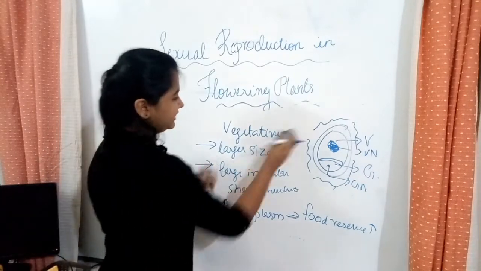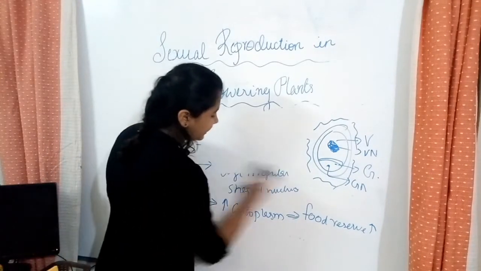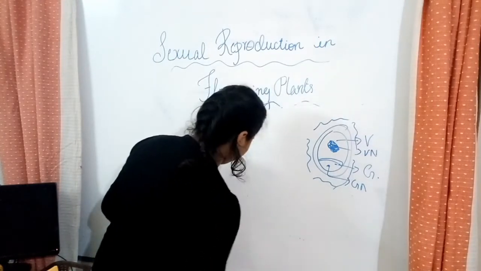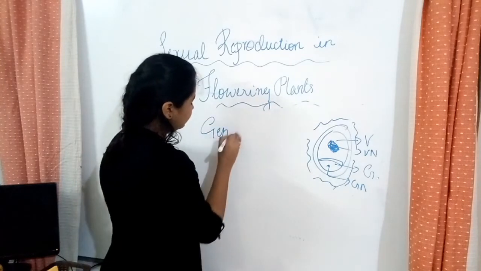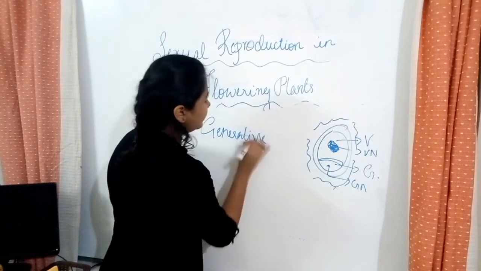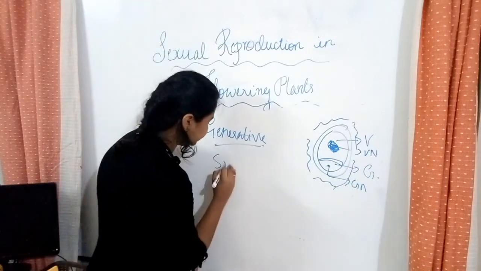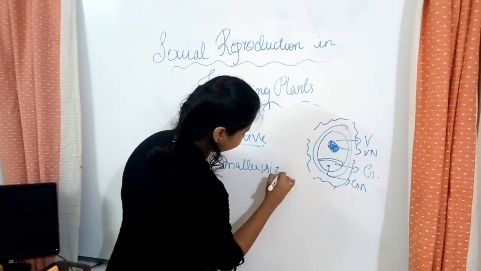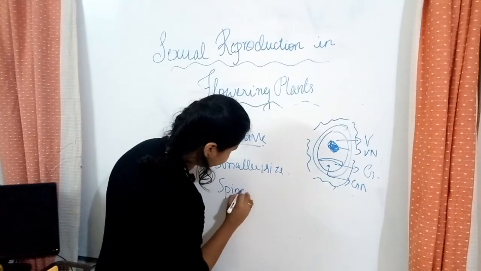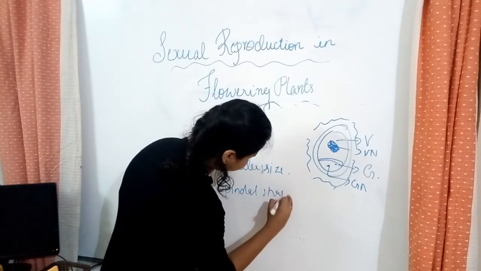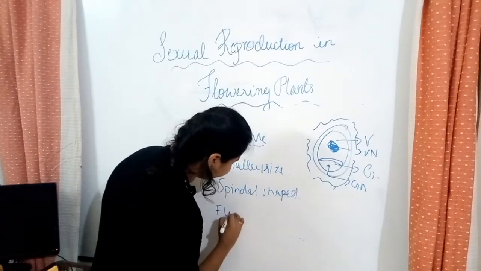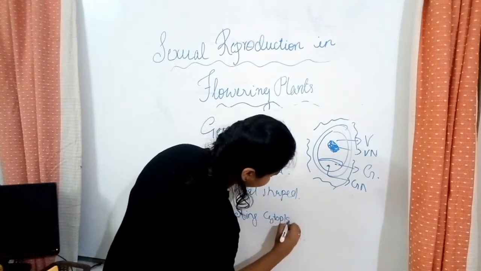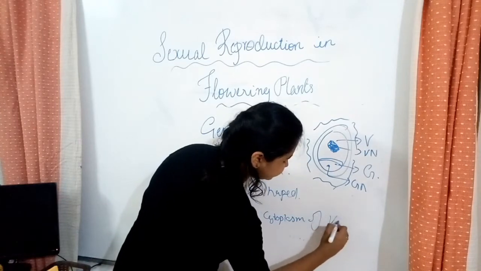Now we'll talk about the generative cell. So it's all right opposite. Let's see. The generative cell has a smaller size, spindle shaped, floating on the cytoplasm of the vegetative cell.